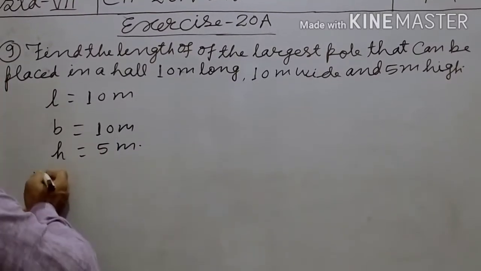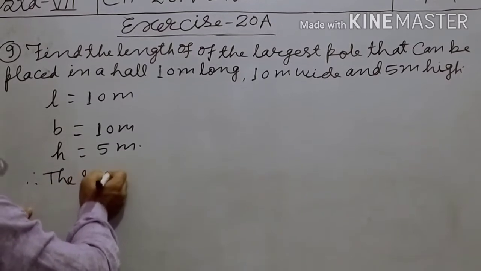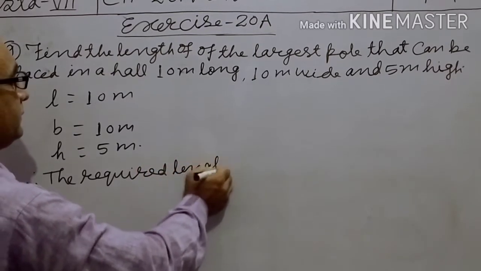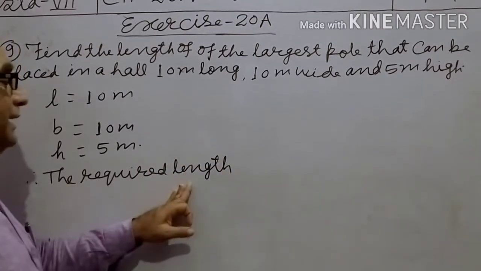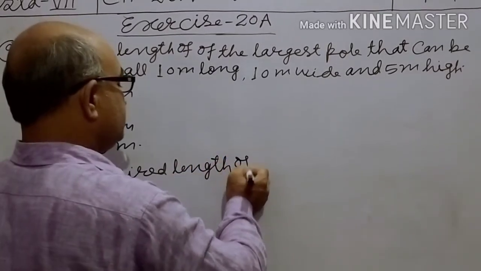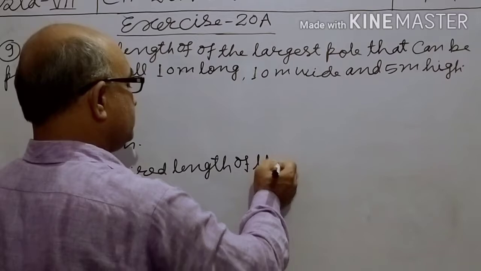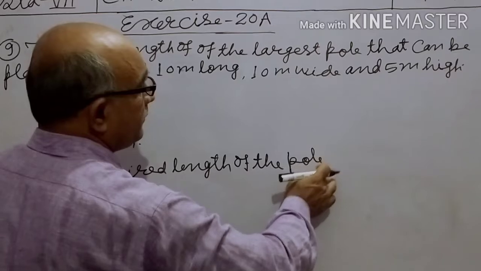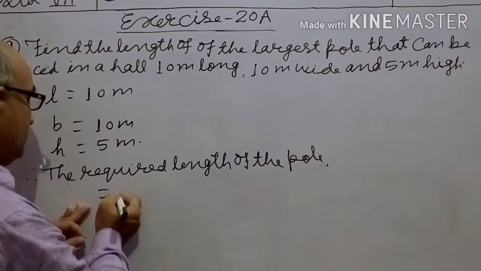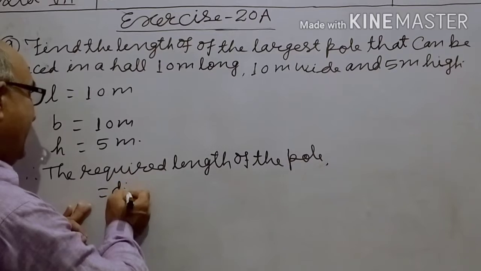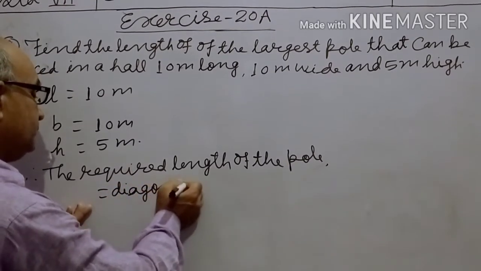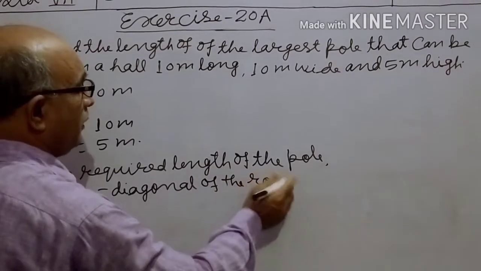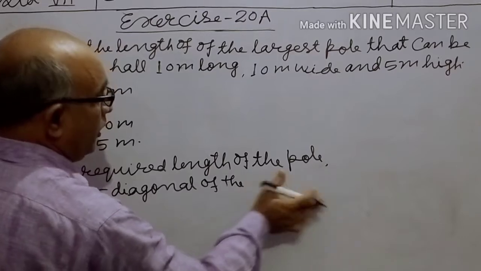Therefore, the required length of the pole equal to the diagonal of the room, here the diagonal of the hall.